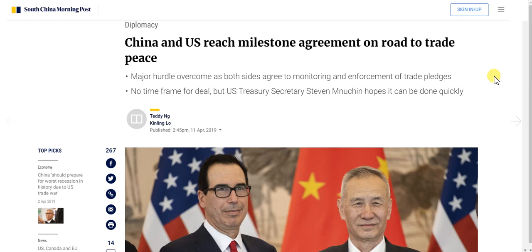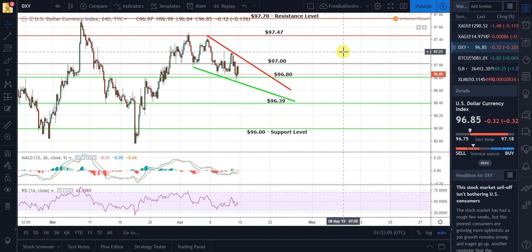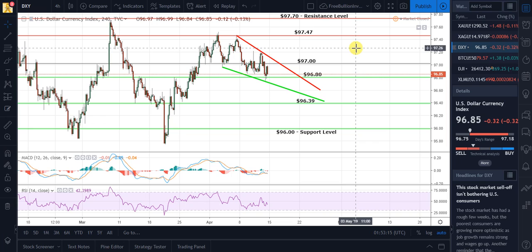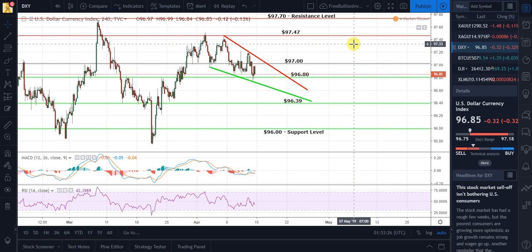Apparently, they've made a big hurdle that I wasn't really aware of, but both sides have agreed to monitor each other, which I would think would be obvious, but I guess that was a sticking point that now has been agreed upon, that each will have monitoring agencies monitor how the trade deal is going, to make sure that everybody's doing their side of the contract. So it seems that we're making headway.